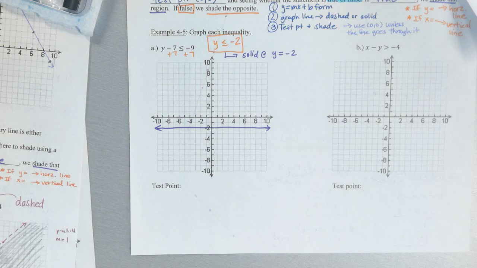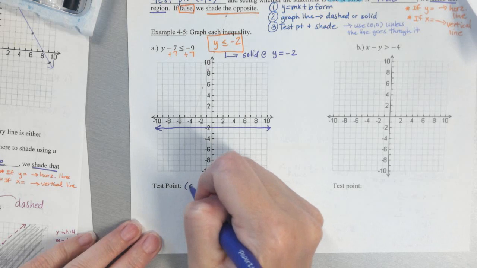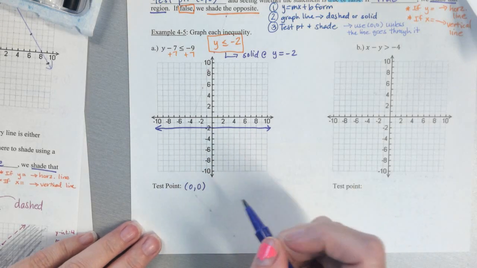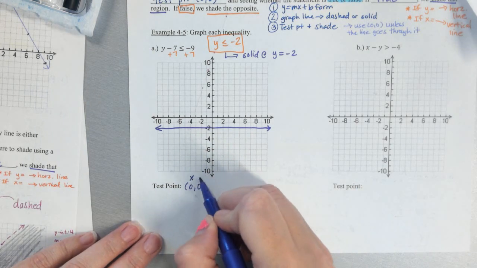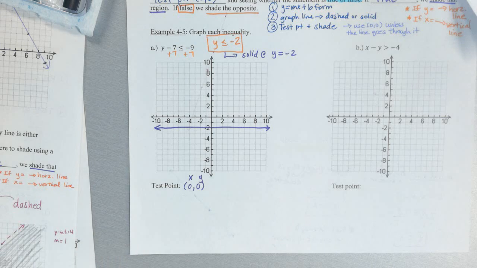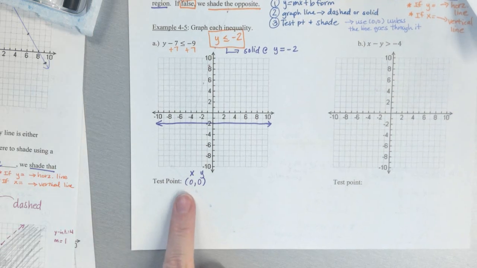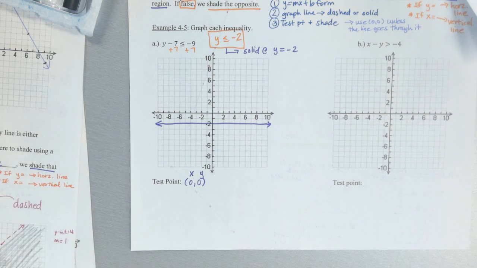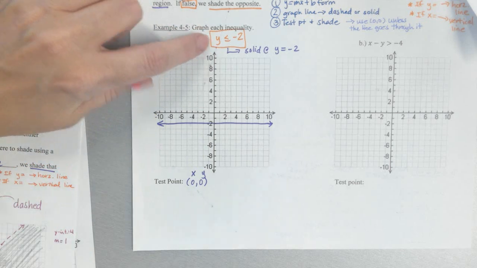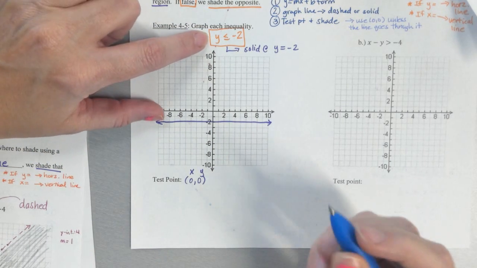Okay? So the test point is (0, 0). Every point is in the form (x, y). So what this means is we plug in 0 for x and y into your equation. And you can really use the original equation or your simplified one. I would use the simplified one.